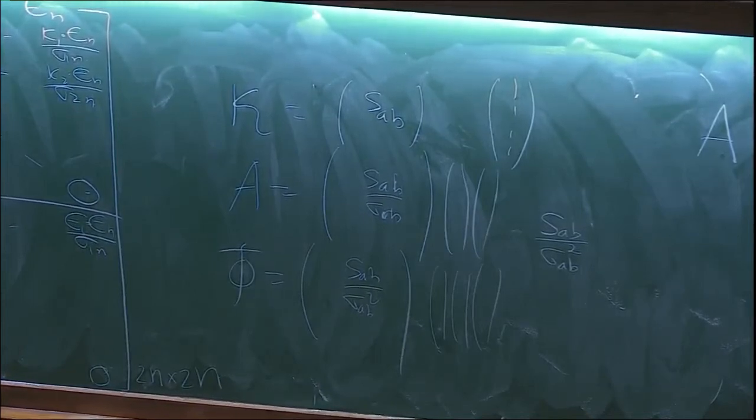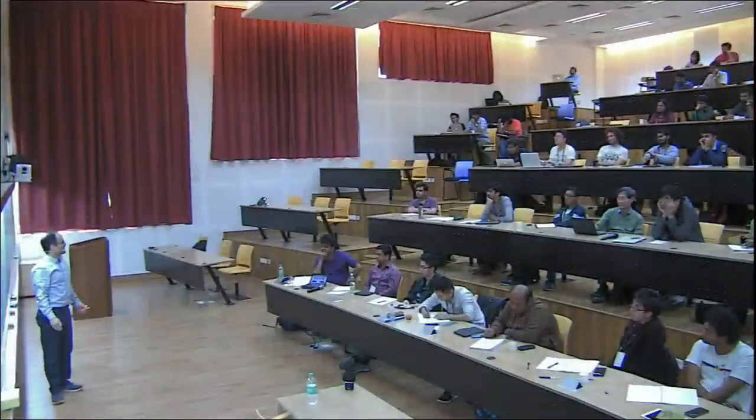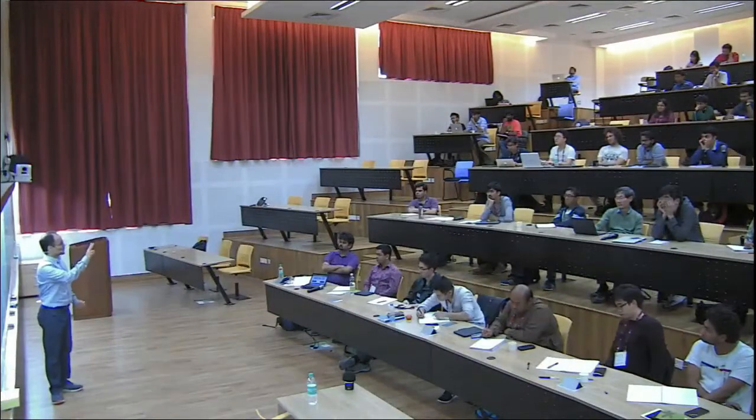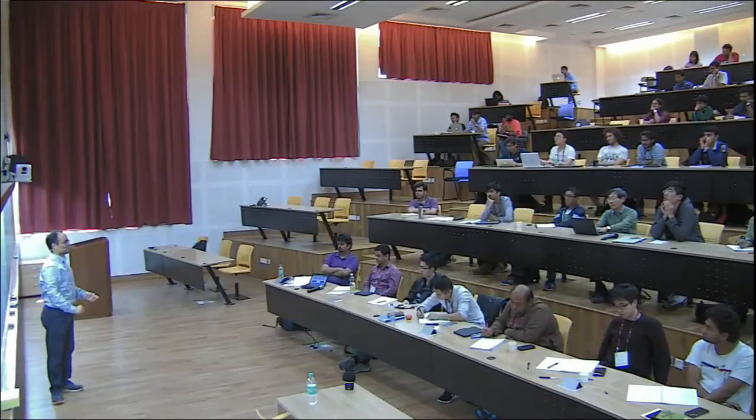Okay. Well, but why did I do all this? Look at this object now. How many powers of momenta does it have? We have reduced the number of powers of momenta by 2. Exactly by 2.